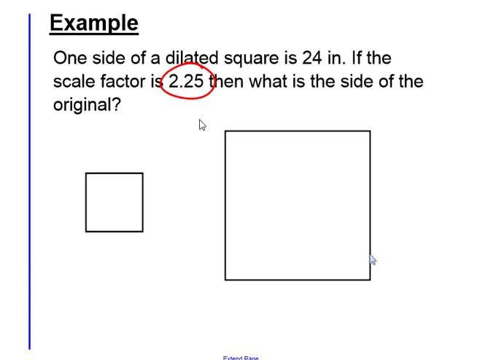Now one side of the dilated square is 24. Usually when we dilate and use a scale factor, we multiply by that scale factor. But if we already know what the 24 is from multiplying, we would have to divide to go backwards.